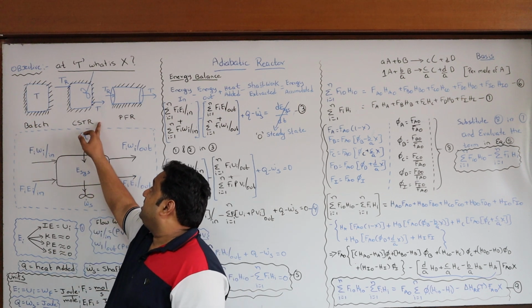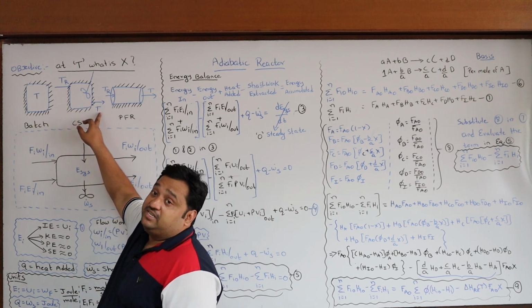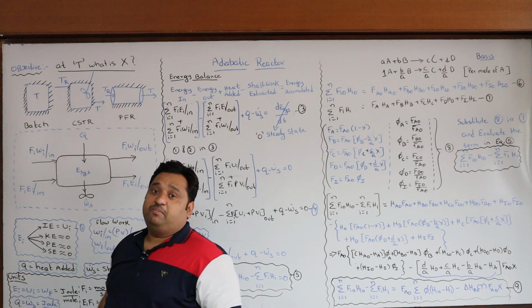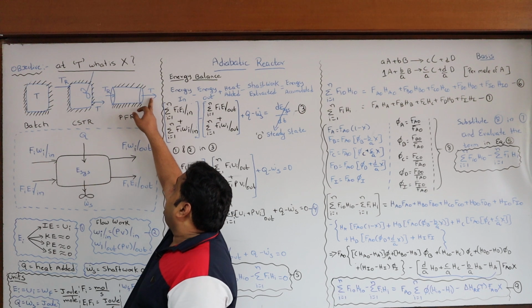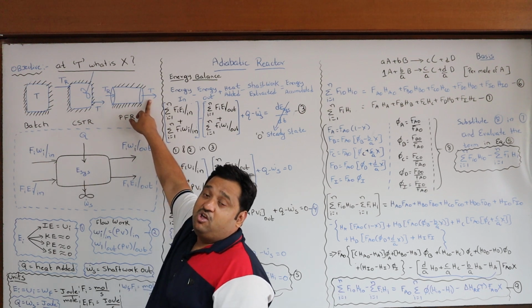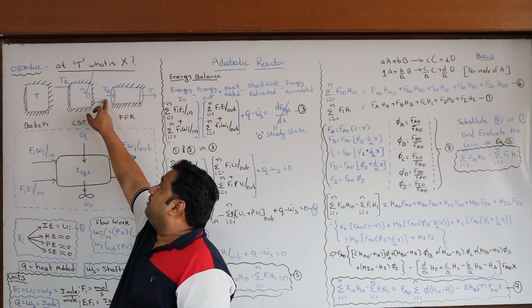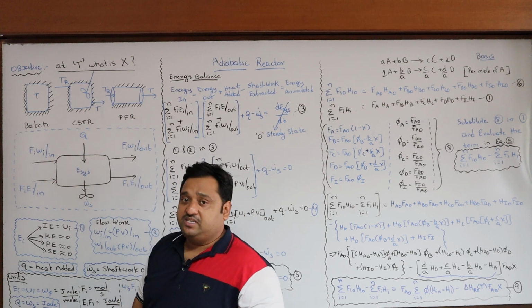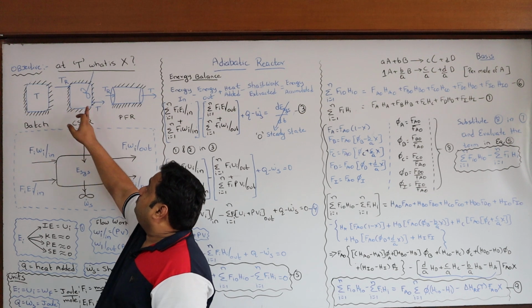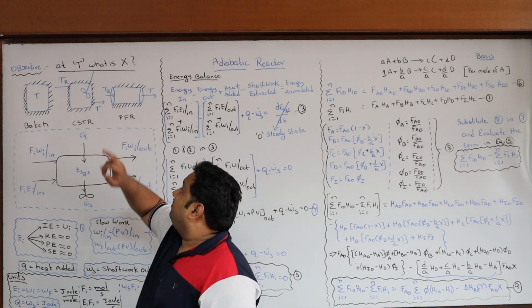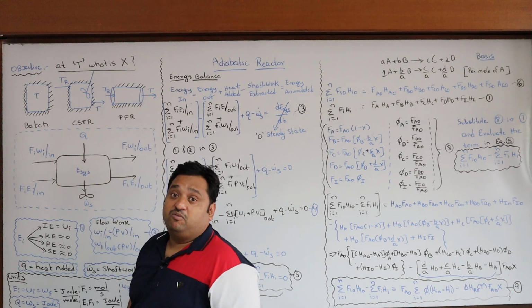In a CSTR, it is the exit temperature T, and the inlet temperature is TR, nothing but the reference temperature. Here it is the exit temperature of the products. If you know T, you know the conversion in this reactor, and likewise in the plug flow reactor.